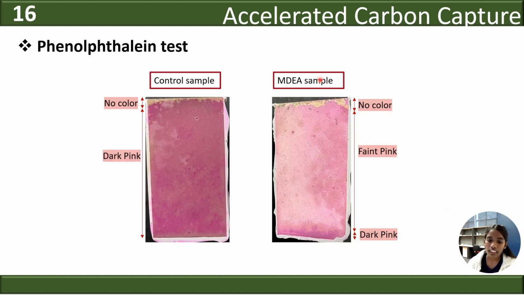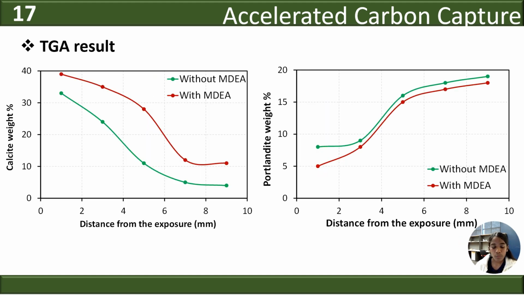Here we can see that the MDEA samples are a faint pink color because of higher carbonation and lower pH. This profile shows the portlandite and calcite percentage throughout the day. It is interesting that the MDEA samples show the higher calcite formation throughout the day. And this calcite formation is not only because of the portlandite carbonation, but also the carbonation of CSH.